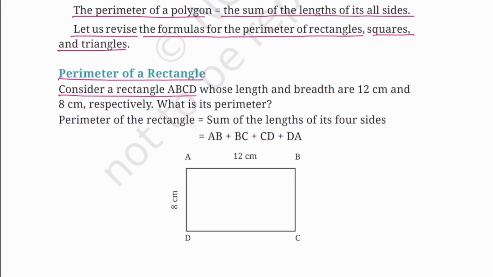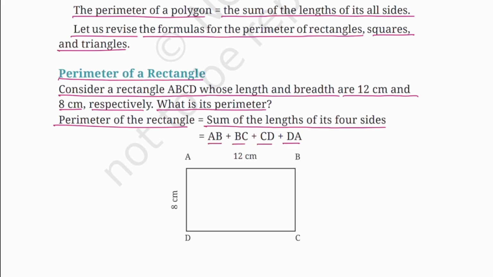Consider a rectangle ABCD whose length and width are 12 cm and 8 cm respectively. What is its perimeter? The perimeter of the rectangle is equal to the sum of the lengths of its four sides, which is equal to AB plus BC plus CD plus DA.